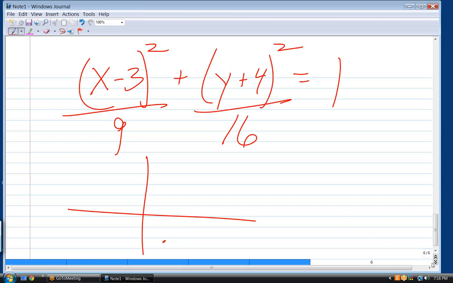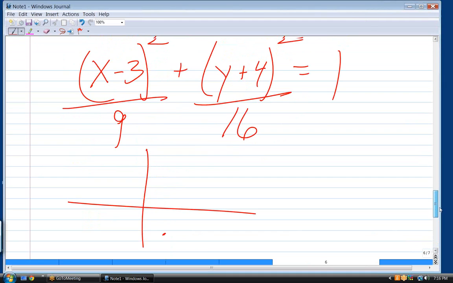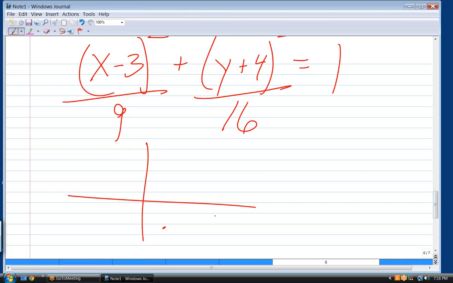So you said it was a vertical ellipse, so I'm going to draw it like this. I haven't necessarily drawn it accurately, but tell me what this measurement is. That is going to be 4. And this measurement? 3.